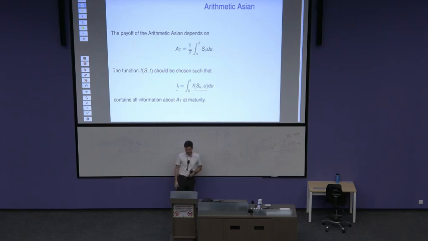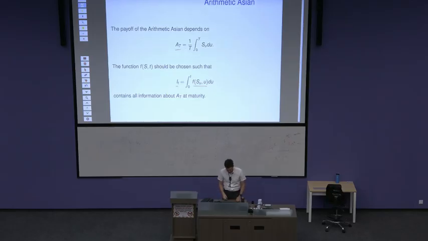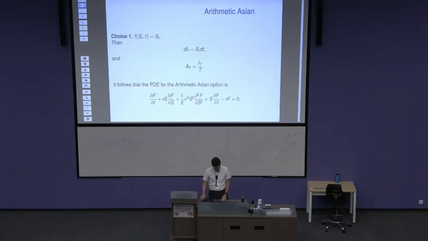And for this, I need information, in this case, on the arithmetic average of the asset prices. Good. So in other words, I want to choose IT such that at time capital T, I can define AT from it. So at maturity, IT needs to contain all information about AT. Otherwise, I cannot define the boundary conditions.